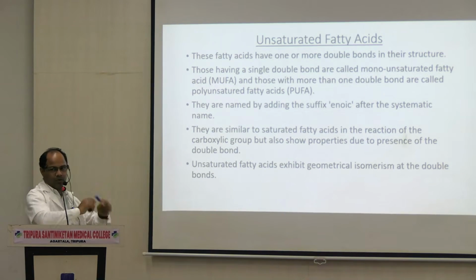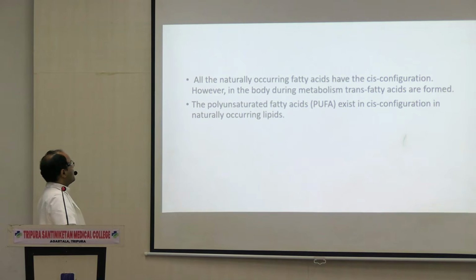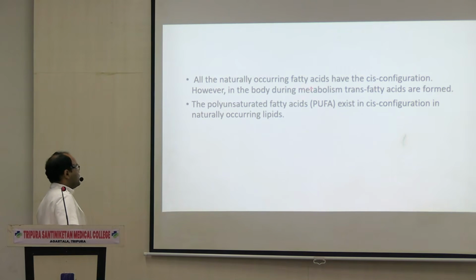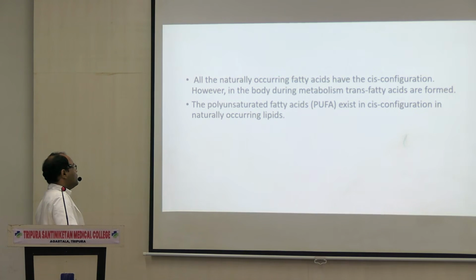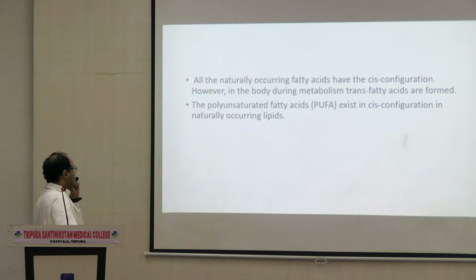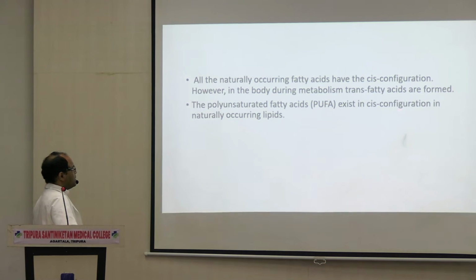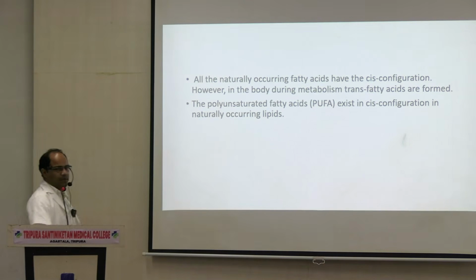They can kink, they rotate. All the naturally occurring fatty acids have the cis configuration. However, in the body during metabolism, trans fatty acids are formed. Polyunsaturated fatty acids exist in cis configuration in naturally occurring lipids.